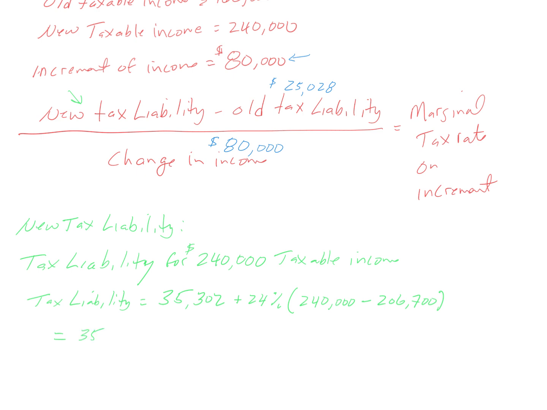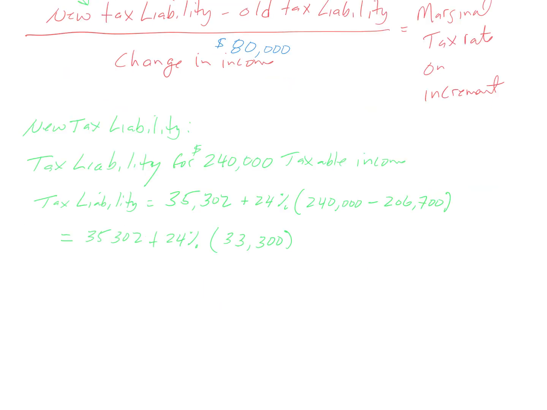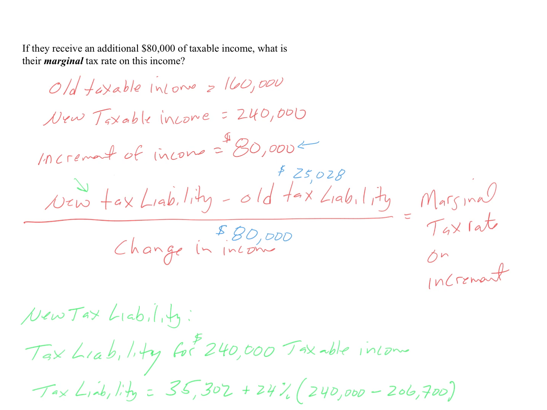So it's 35,302 plus 24% of that, that's 35,302 plus 7,992, which equals $43,294. Okay, so that is our new tax liability.